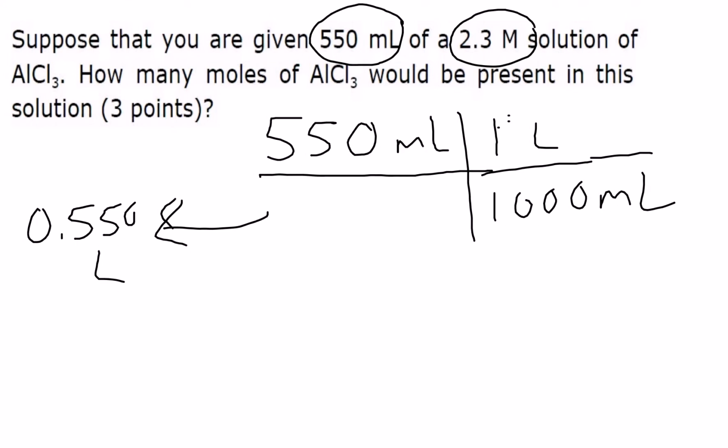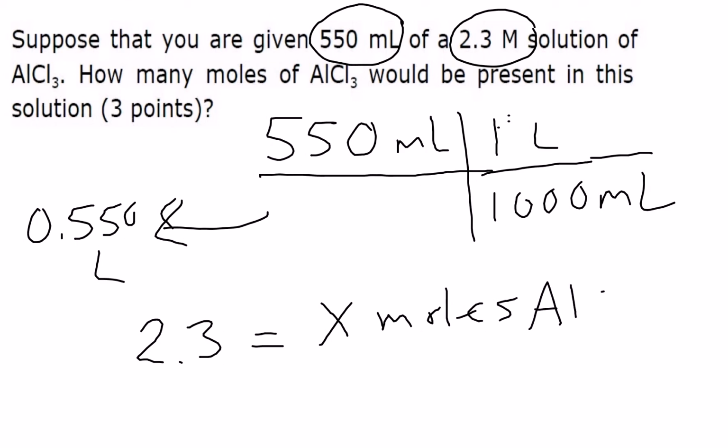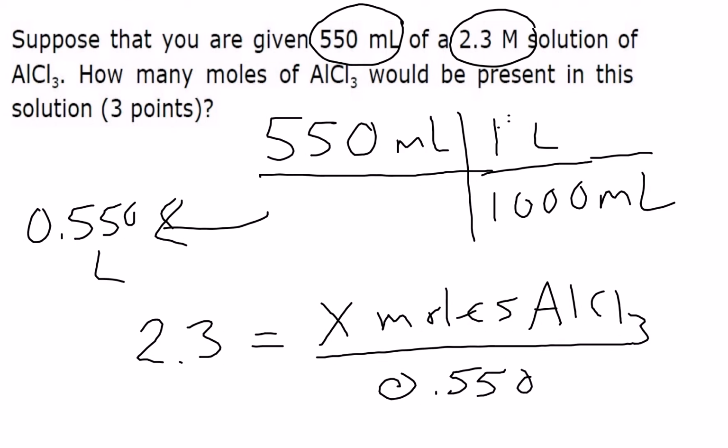So the way I would set this up is 2.3, that's my molarity, is equal to X moles of AlCl3, and then I'm going to put that over 0.550 liters.